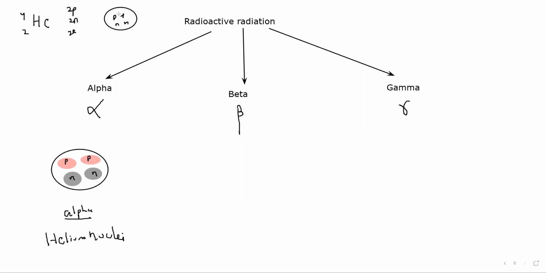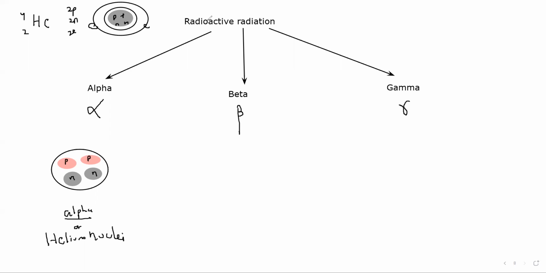And around the nucleus, we have two electrons. But you can see that this part, two protons and two neutrons, resembles the alpha particle. So that's why the alpha particle is also known as helium nuclei. This is another name for the alpha particle.